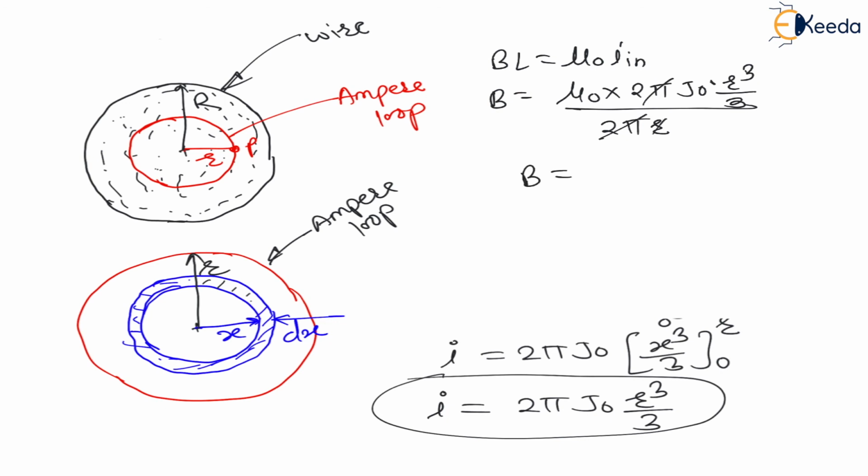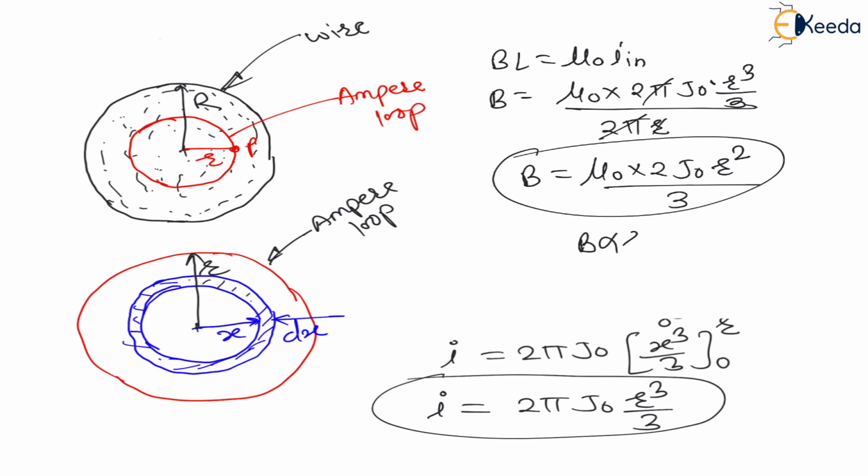Therefore, this B will become equal to mu naught into 2 j naught r square by 3, right? I hope you are understanding this, right? So for inside, B is directly proportional to r square. This is for inside, my dear students, for inside, right?